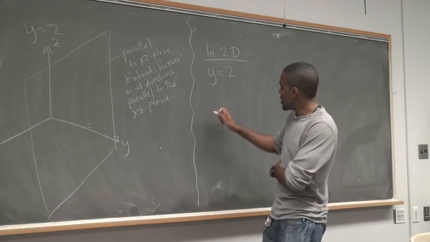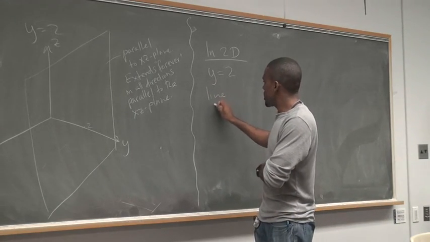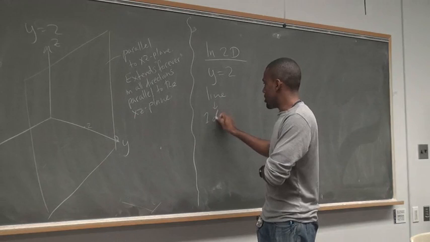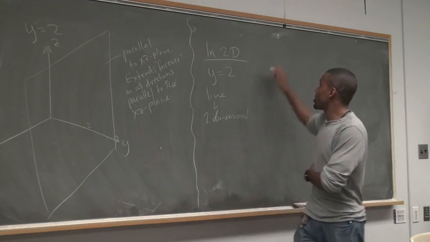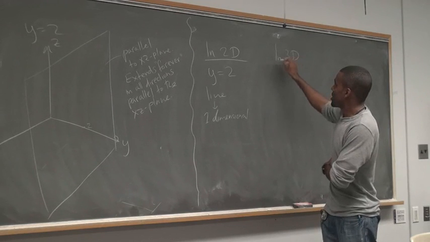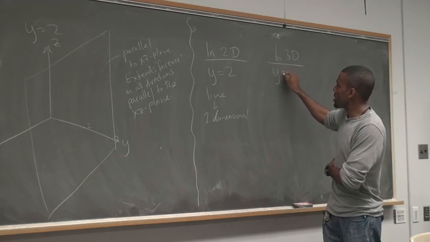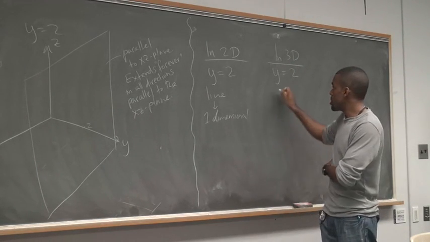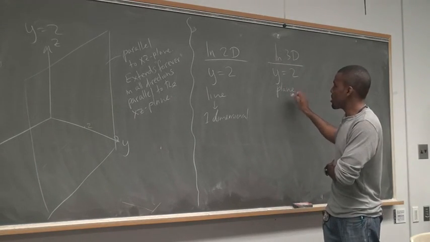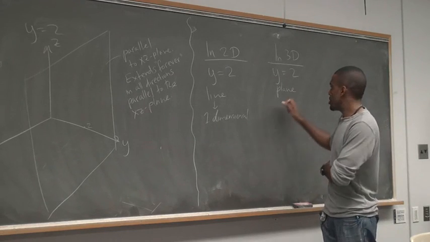It's just a straight line, right? Lines are one-dimensional. However, notice that in 3D, a very distinct thing happens. If I look at the same y equals 2, what is it now? It's actually a plane. How many dimensions are in a plane? 2 dimensions.